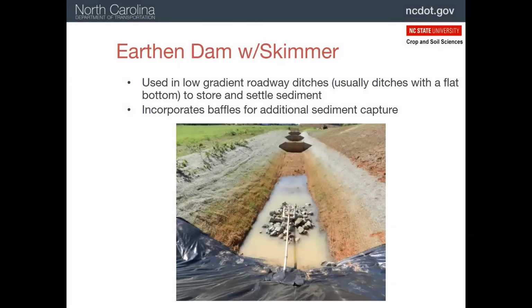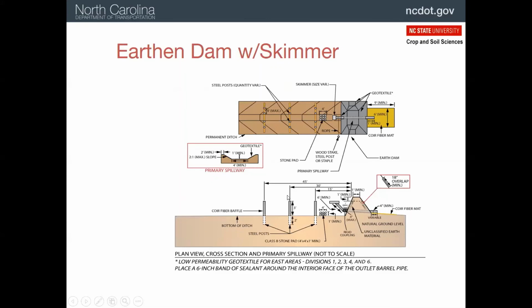All right, so moving on to other types of impoundments for dropping sediment out. We've got the earthen dam with skimmer. So this is essentially a skimmer basin, but there's no dam up at the other end. There's no wall of soil or whatever that you'd see on a skimmer basin. So this is on a gradient. Say this is really a ditch, and we're just going to create a little sediment basin in the ditch line.